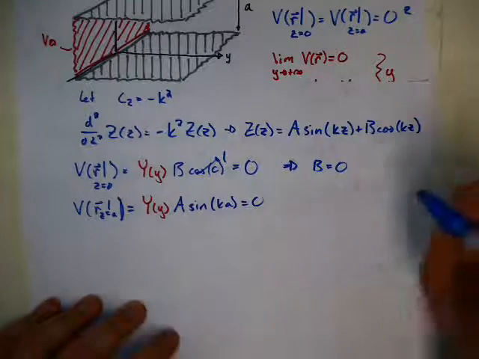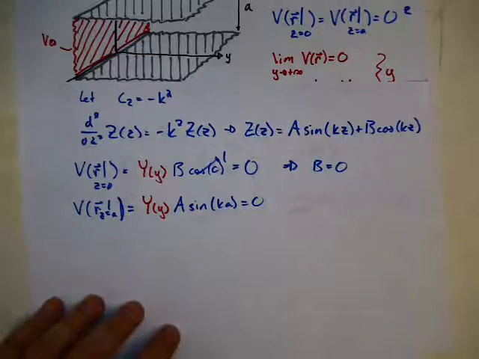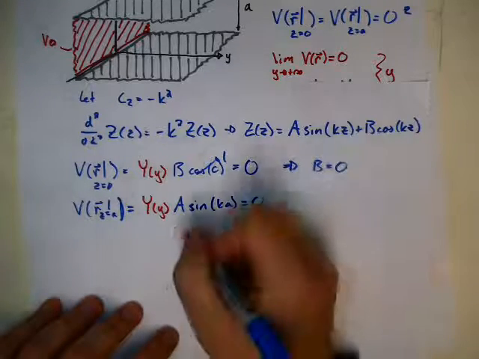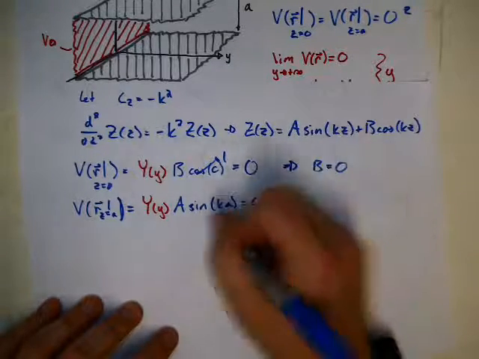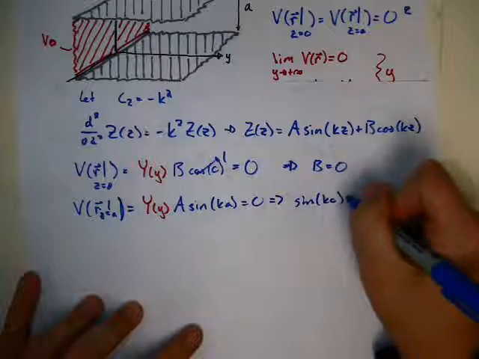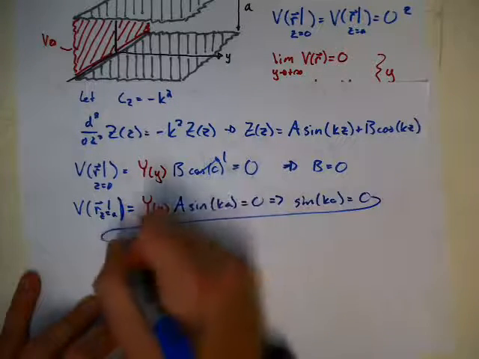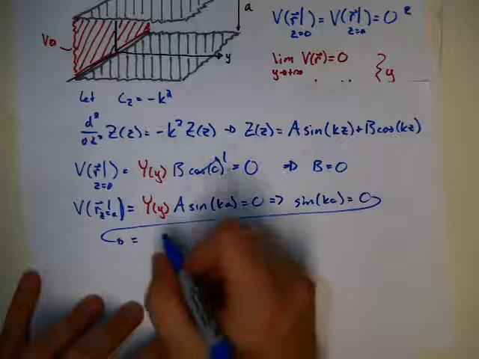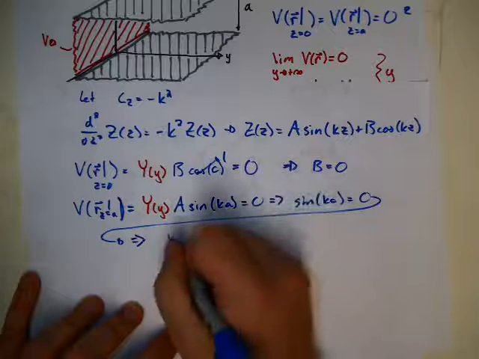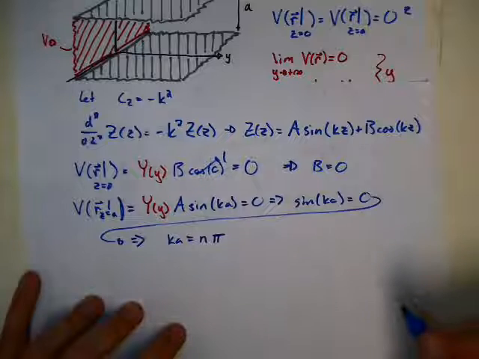Well, this is only true for all y if either a is 0, but if a is 0, the whole thing's 0, and that's uninteresting. The interesting one is when this is going to imply that sine of ka must equal 0, and this in turn implies that ka must be an integer n times pi.